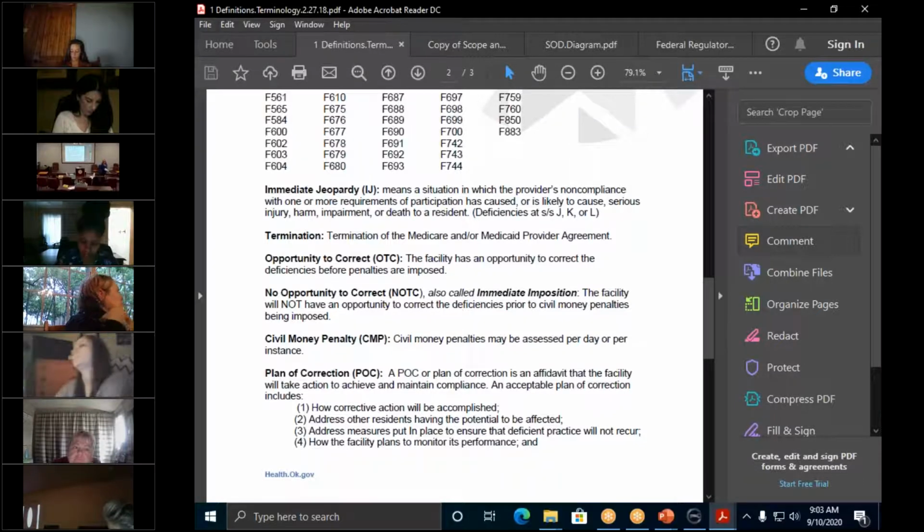Sometimes they will recommend a directed plan of correction or a temporary somebody to do directed in-services, and sometimes temporary managers or a temporary liaison to basically go in and make sure they're doing it right.